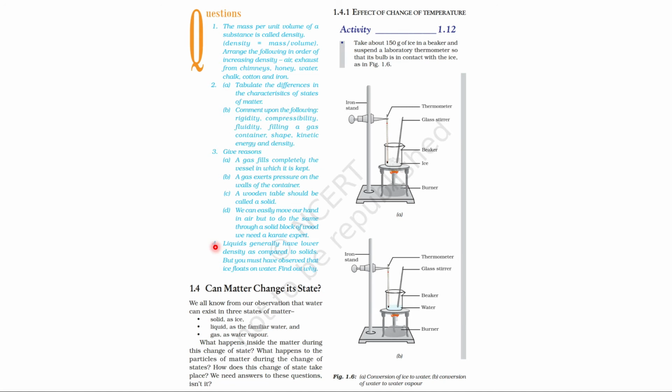It has a large number of empty spaces in its structure. These empty spaces are larger as compared to the spaces present between the particles of water. That's why the volume of ice is greater than that of water. So we can conclude, the higher the volume, the lesser the density. Hence, the density of ice is less than that of water.